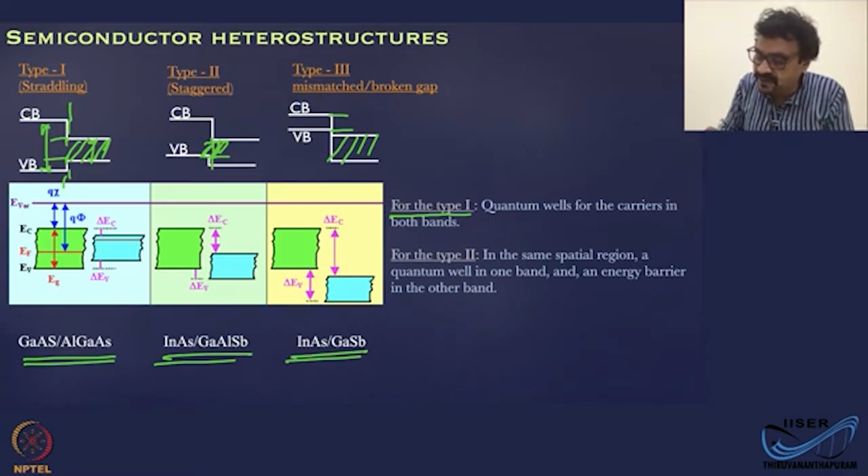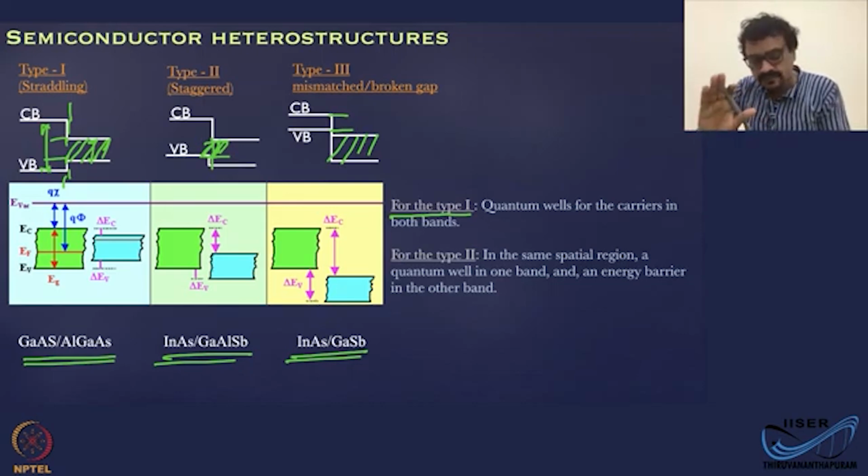We will discuss that in detail, but what I'm trying to say here is, in the type 1 case, you can have a quantum well for both the holes and also for the electrons. And type 2, what you have is a quantum well in one and a barrier in the other.